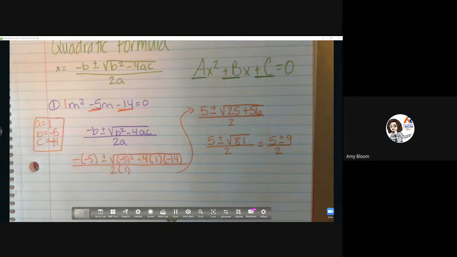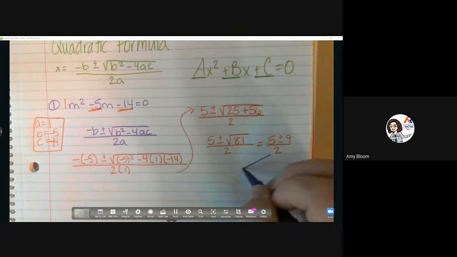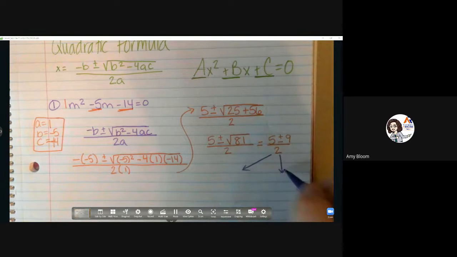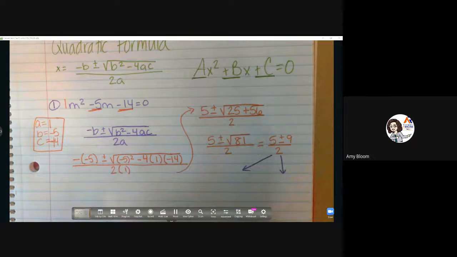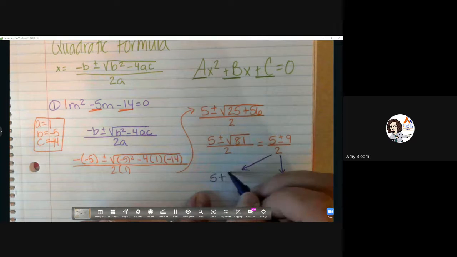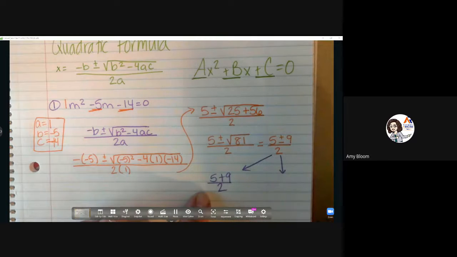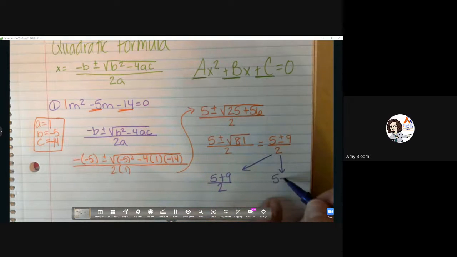At this point, you want to separate this into two separate problems: one where we do plus 9 over 2, and one where we do minus 9 over 2.